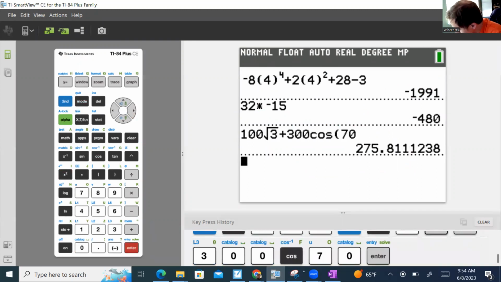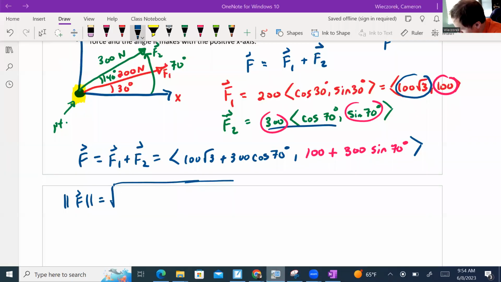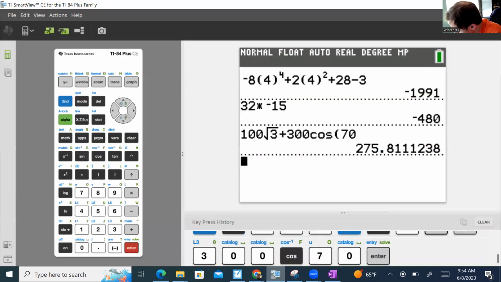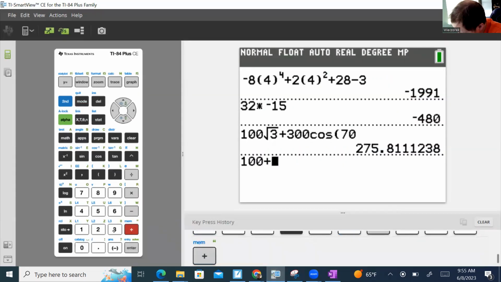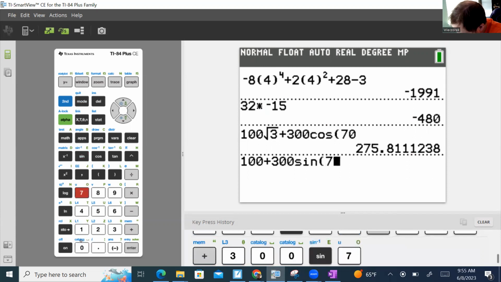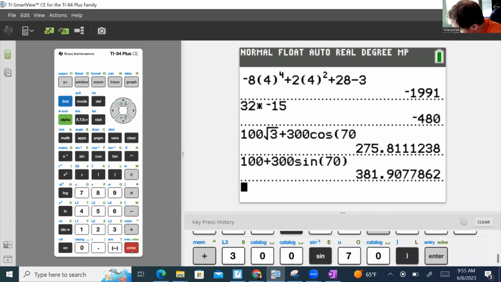So 275.8. I'm going to round it on paper, leave it on my calculator. Second one is 100 plus 300 sine 70. Make sure your calculator's in degree mode for this problem. 381.9.